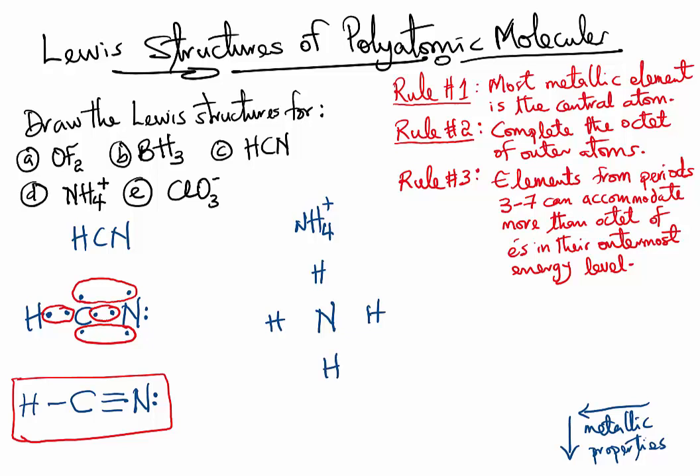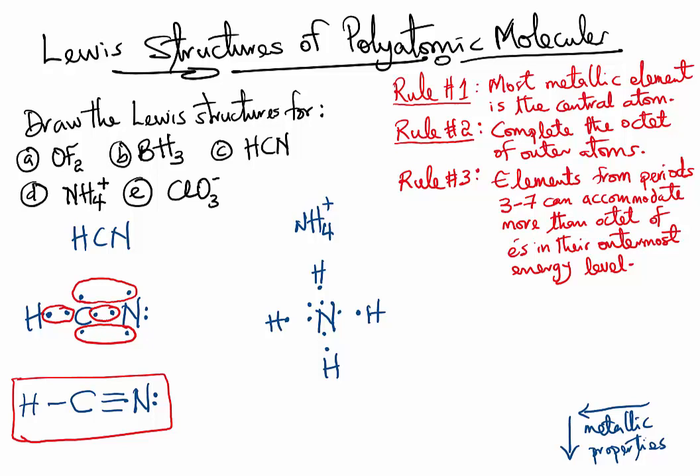Let us represent the valence for each of the atoms. Hydrogen will have a valence of 1. Nitrogen is from group 5A. It will have a valence of 5 electrons.